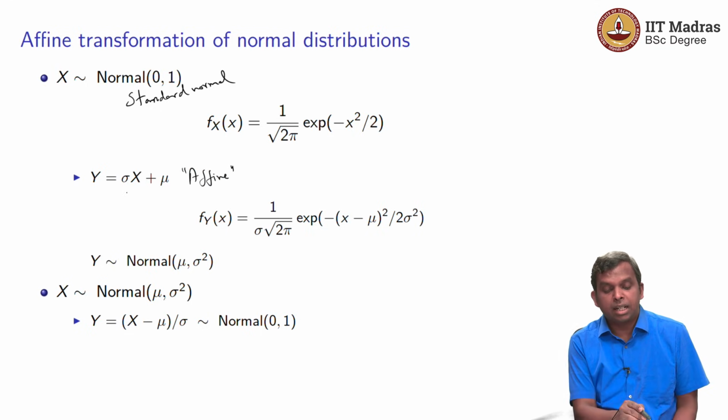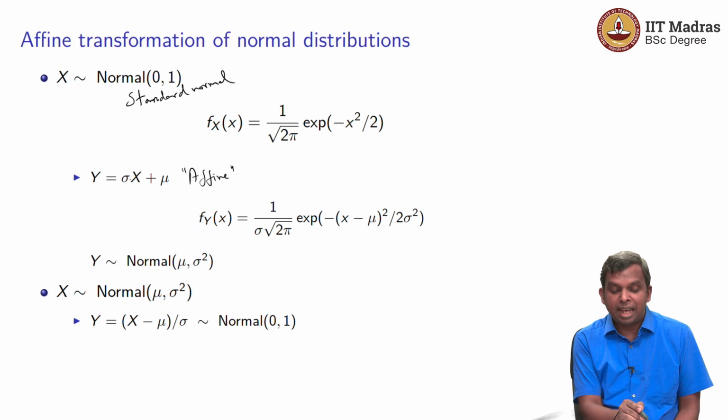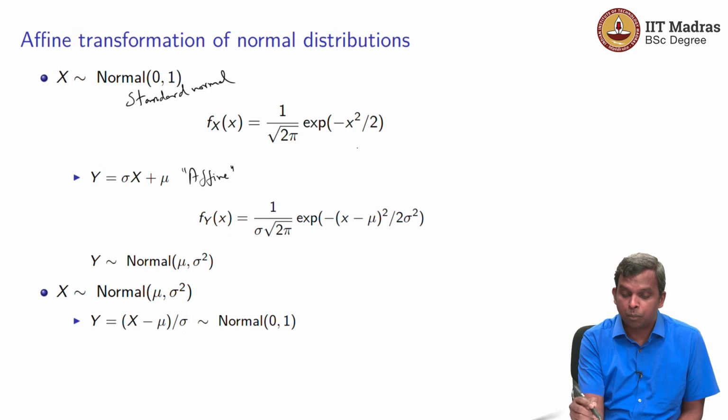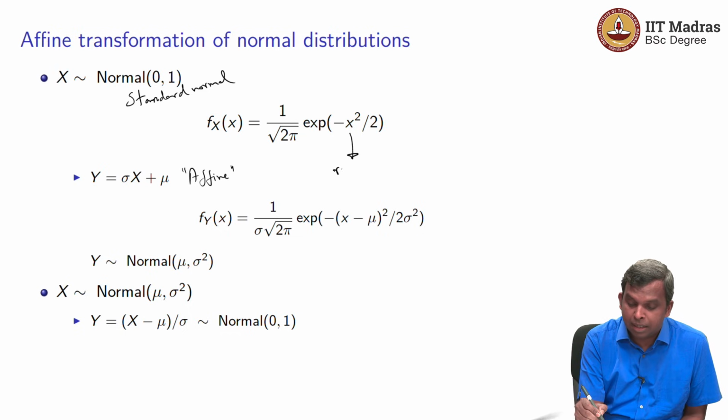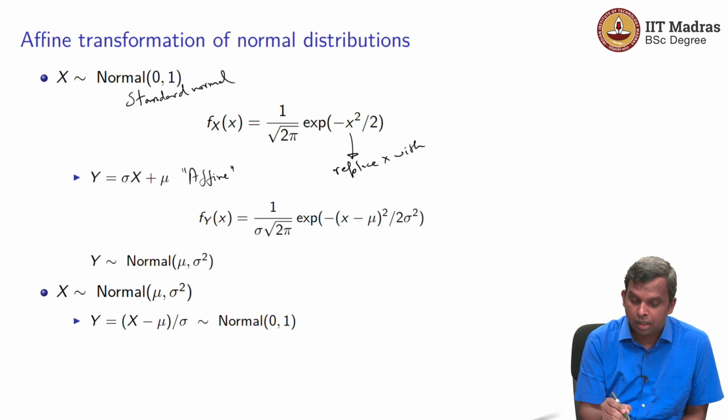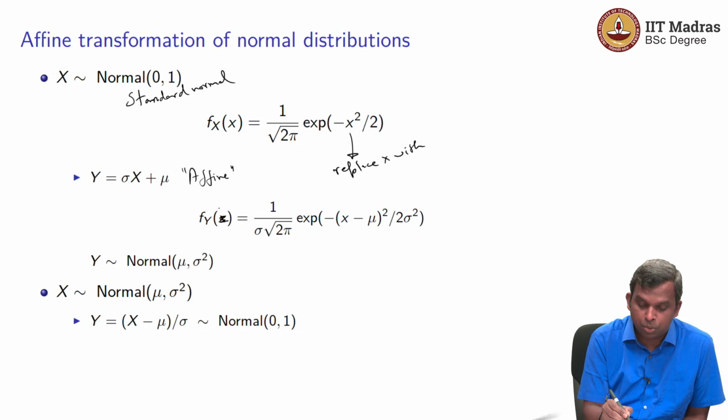One can now use the formula for aX plus b. Instead of x, you should put y minus b by a. So instead of x, we put (y minus mu) whole squared by 2 sigma squared. I've put x here, maybe I should have put y, sorry about that.